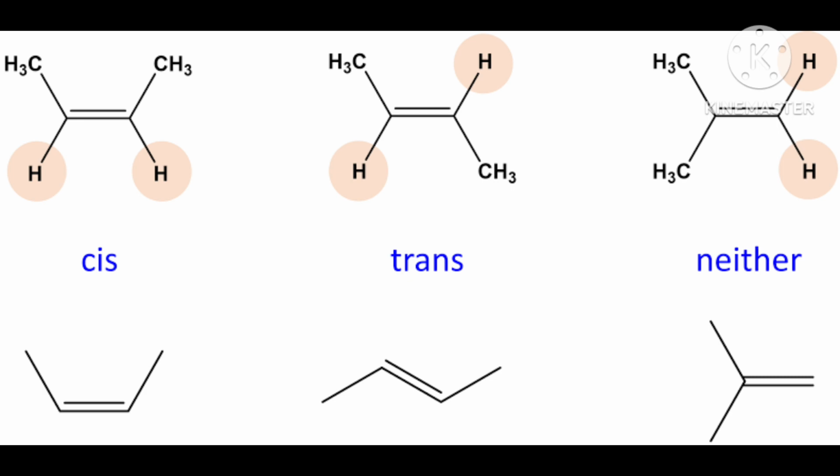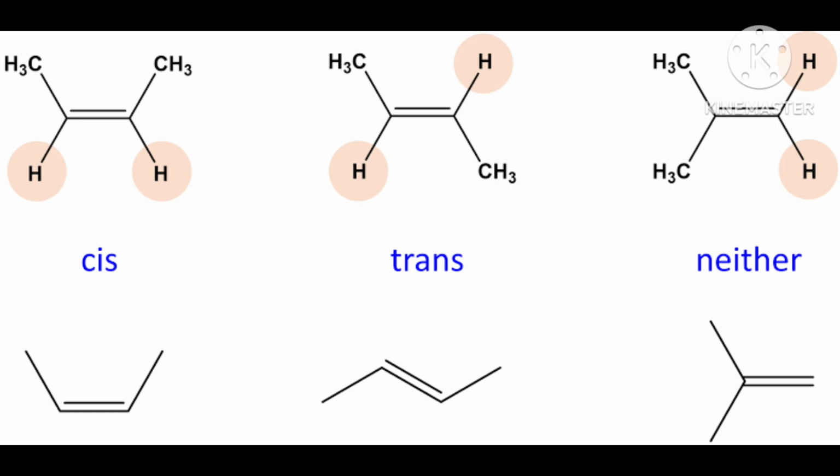This is one type. The first type is when both sides have the same groups, XY and XY. This is the second type I told you, XY and XZ. And the third type is entirely different: different groups or atoms are attached to both carbons.